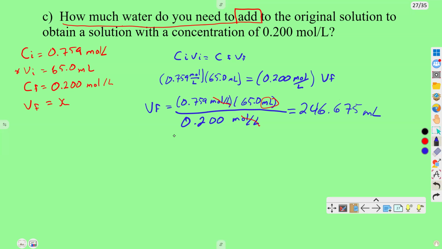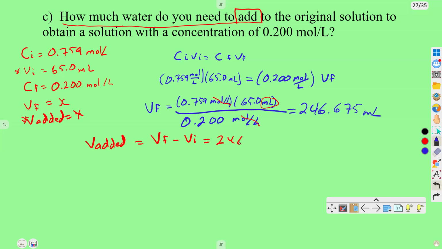Okay, so now we are looking for how much we need to add. This is the final volume. We're not adding 246.675 milliliters. We are bringing the volume up to that amount. So to find the volume added, which is really what we're looking for, this is the important thing, the variable that we're looking for. What we're going to do is take the final volume minus the initial volume.